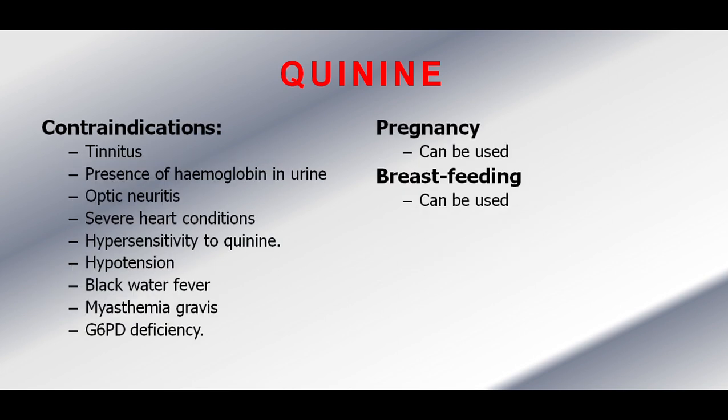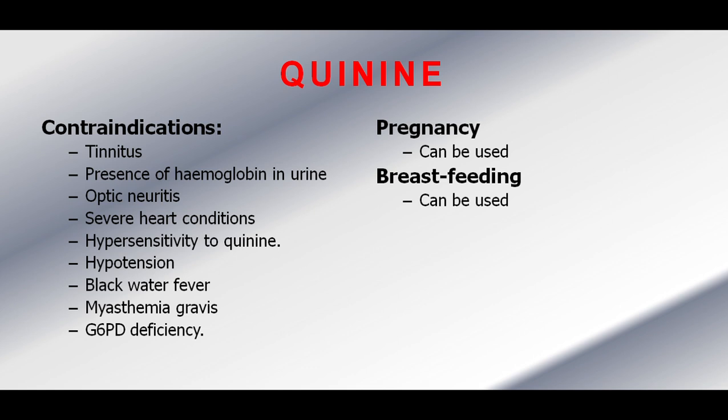And quinine contraindications: you don't give when somebody has tinnitus, that is ringing in the ears. Then presence of hemoglobin in urine, you don't give it. Optic neuritis, you don't give it. Severe heart conditions. Quinine is very good at causing heart anomalies, so you don't give it in severe heart conditions.